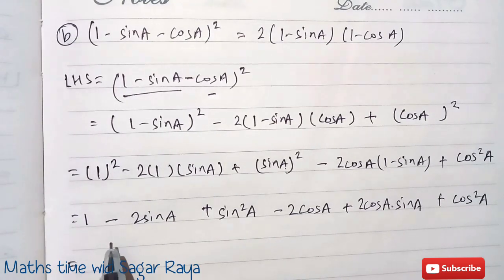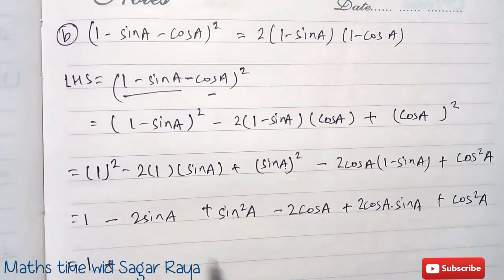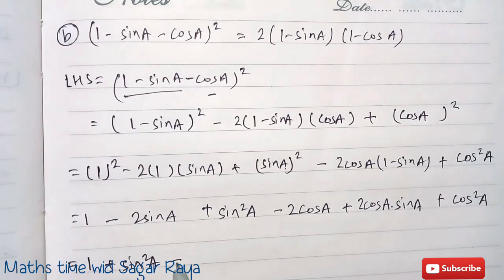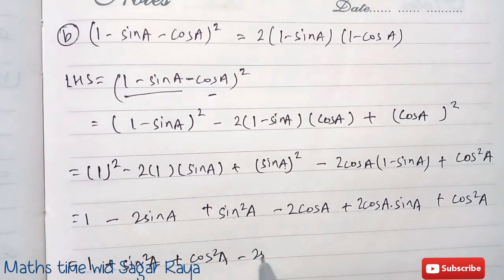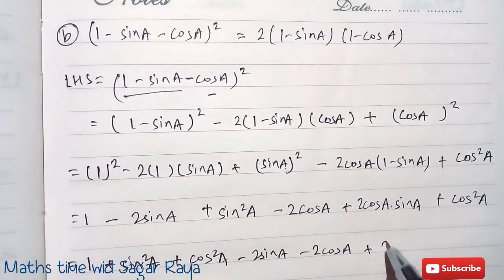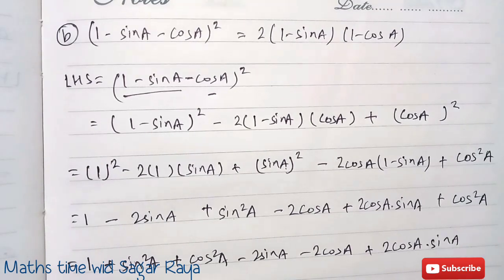So now, sin square a and cos square a let's write in one place, then minus 2 sin a, then minus 2 cos a, and then plus 2 cos a sin a.